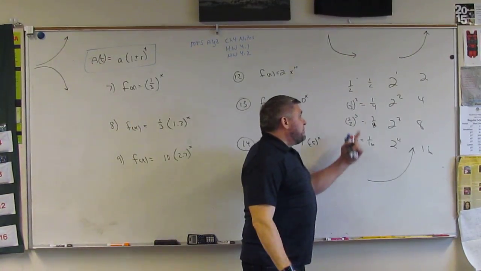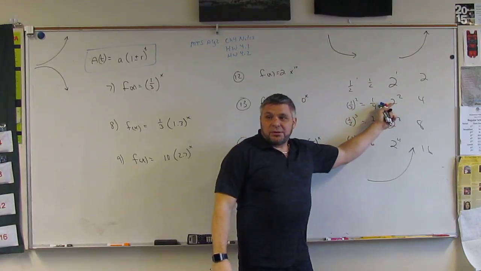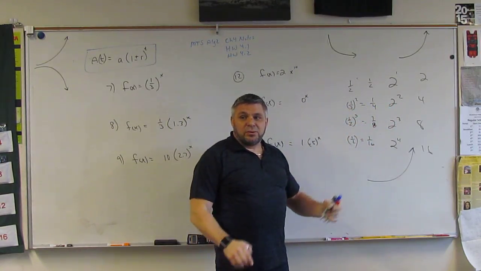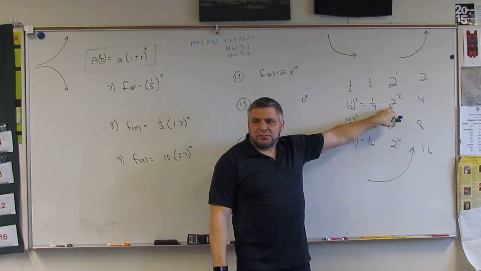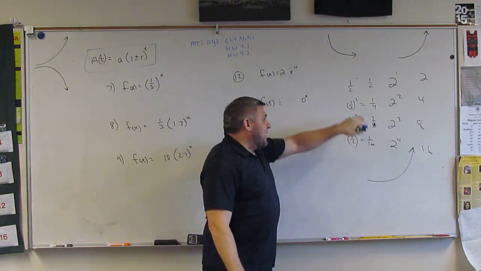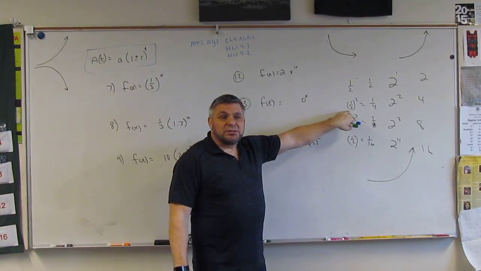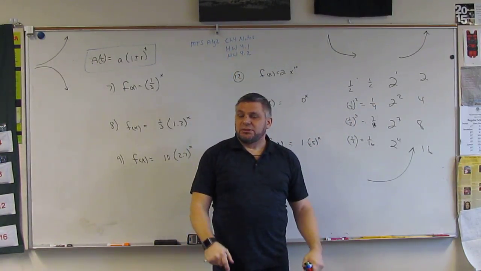Now, what's the difference between these two? What's the main difference? If I change a 2 to a 3, is it going to change much? No. It just goes up quicker, right? But if I change this to a 1/3, is it going to change the graph much? No, it's just going to come down faster. Does that make sense?